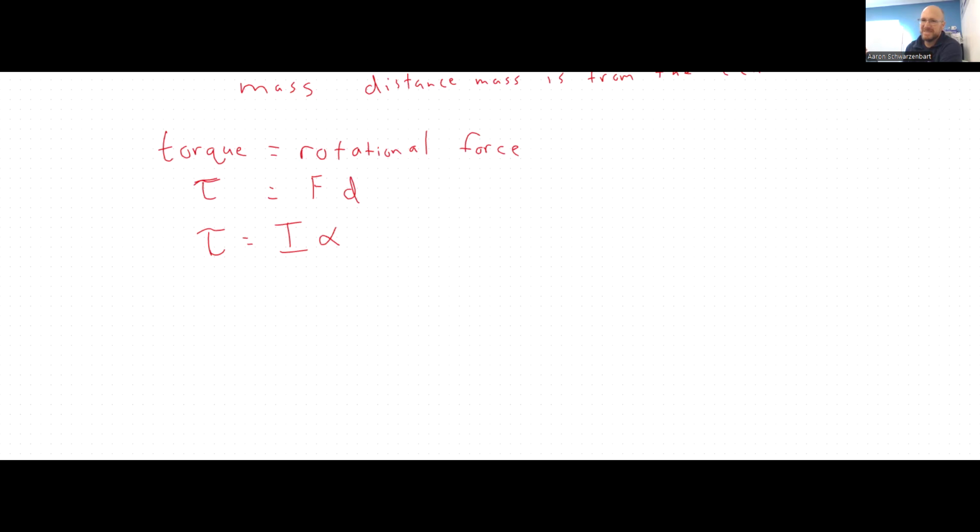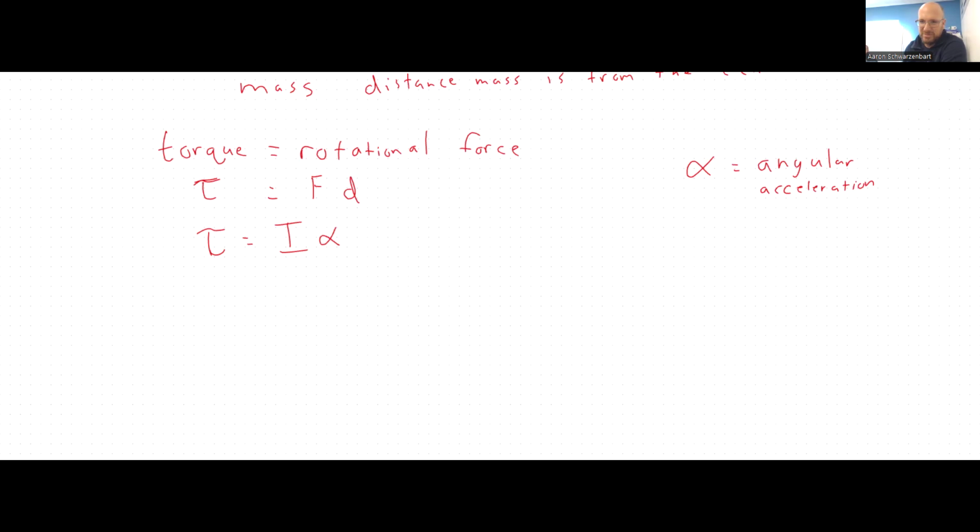Alpha stands for angular acceleration or rotational acceleration. Okay, we are not really going to go very deep into this, but several of you are going to go on to take much more mathematical physics like 201 and 202. Angular means rotational, so angular acceleration.